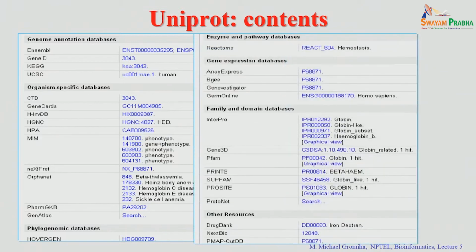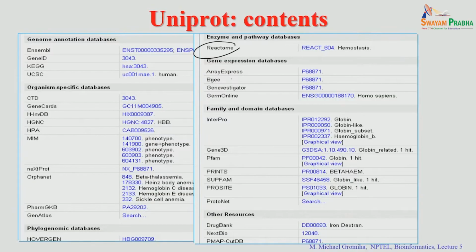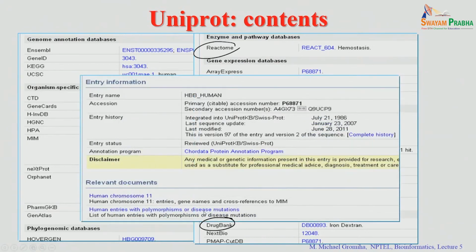This is one part. The first part is the general information, the second part is the sequence, structure and functional information plus the links, and now they give the different types of annotations. They give enzyme and pathway resources, such as Reactome, gene expression databases, family and domain databases, as well as other resources, for example DrugBank.